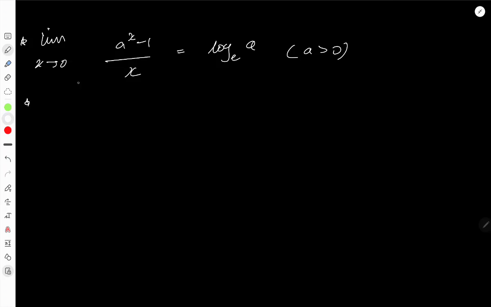The next one being limit x tends to 0 a to the power x minus b to the power x upon x is equal to log a by b to the base e.